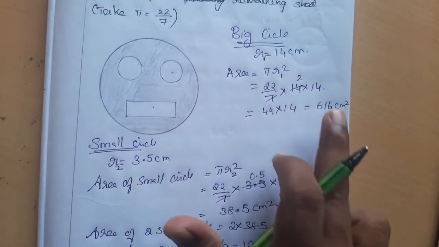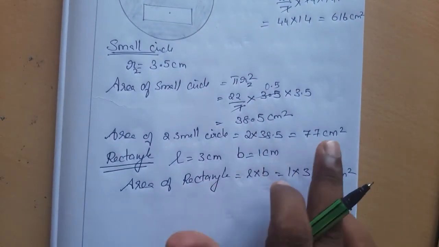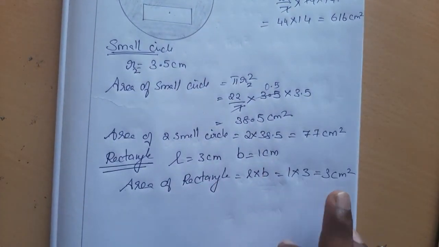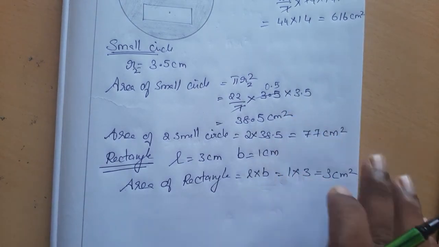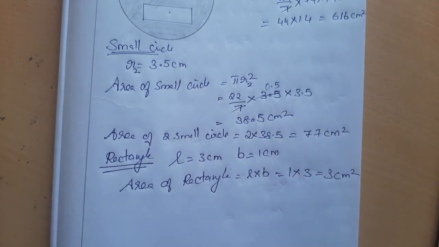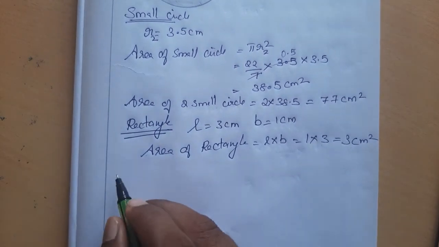So from the big circle area 616, this 77 is removed and 3 is also removed. That means we have to subtract, right? So that is the remaining area.